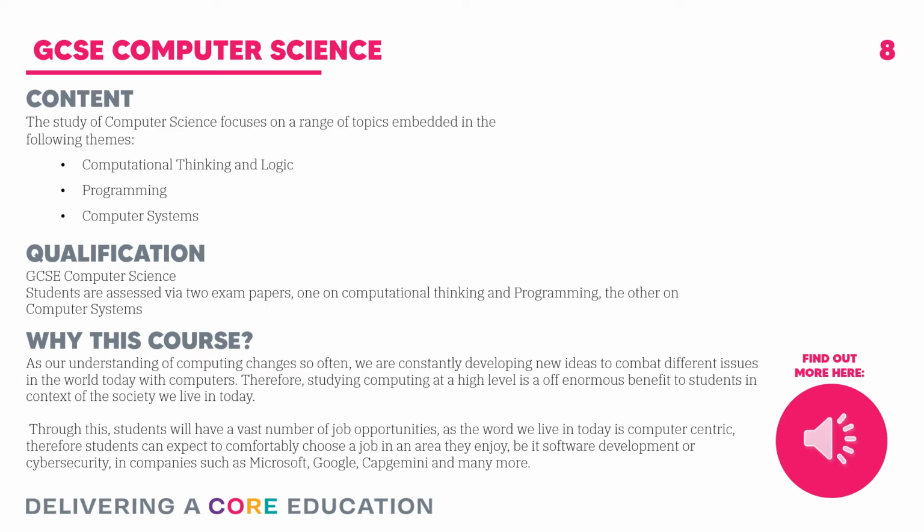Students will benefit enormously by choosing this subject and having a good foundational base for moving on to college and university and choosing computer science at A level or choosing computer science at university, because this will allow them to have many career opportunities later on in life, working for companies such as Microsoft, Google, Capgemini as a software developer or in cybersecurity. It gives students the ability to know that there is job certainty out there for them.